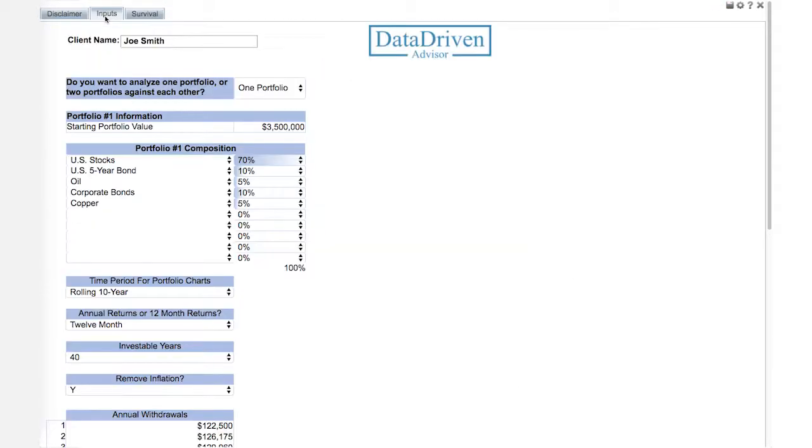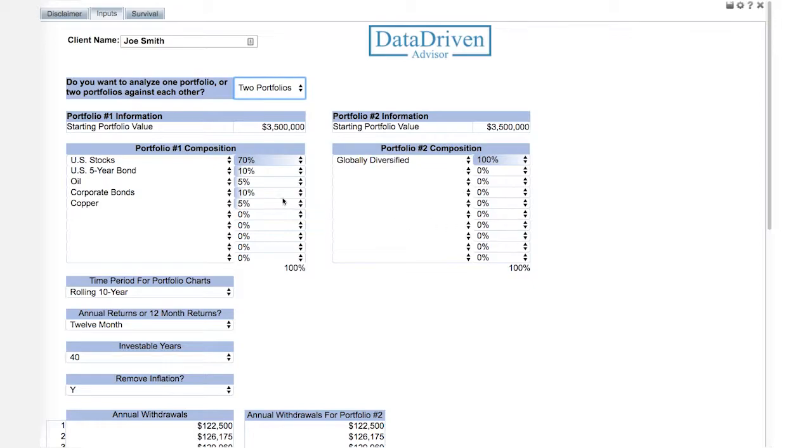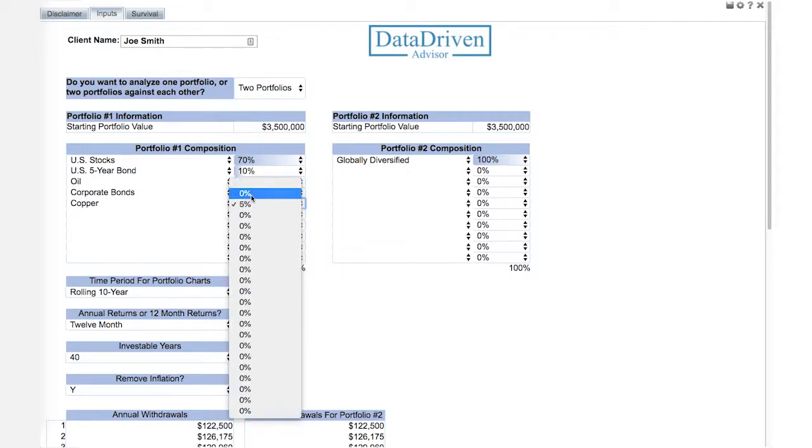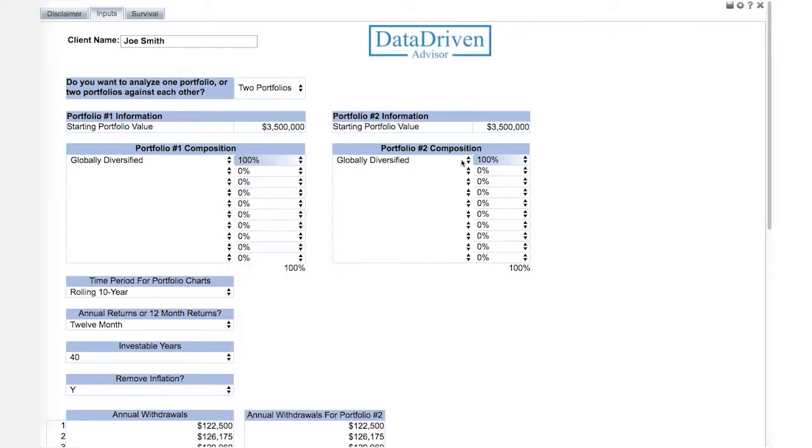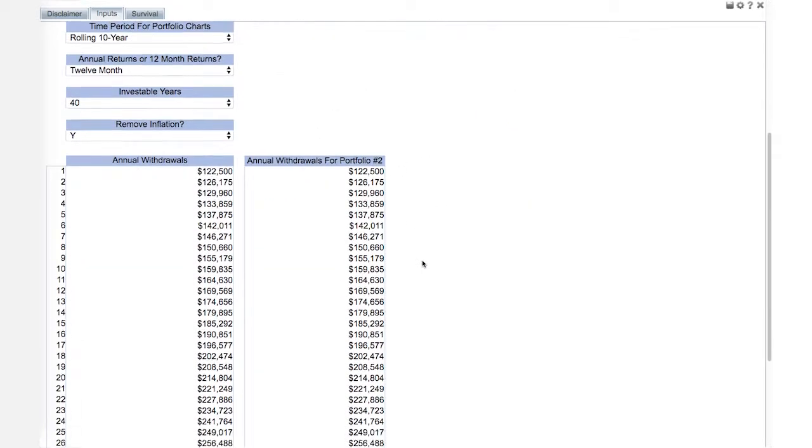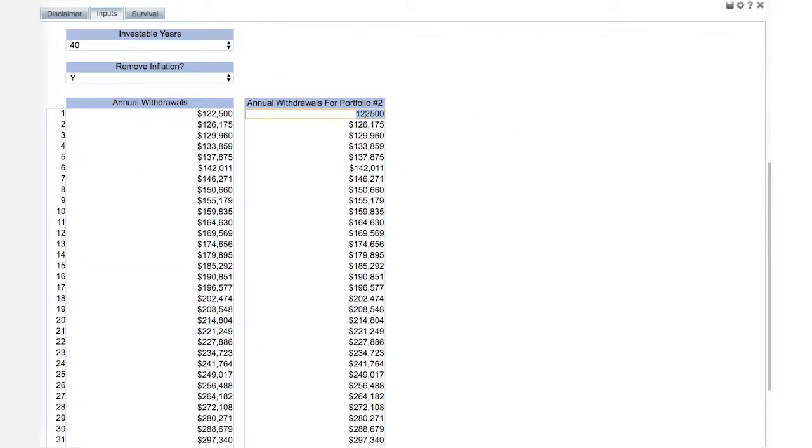One thing I think is usually interesting, if I go back here and compare two portfolios, what I'll often like to do is, first of all, I'm going to make the portfolios the same exact thing for this purpose. Now that the portfolio composition is the same, I can look at what happens to the client if we change his projected withdrawals.